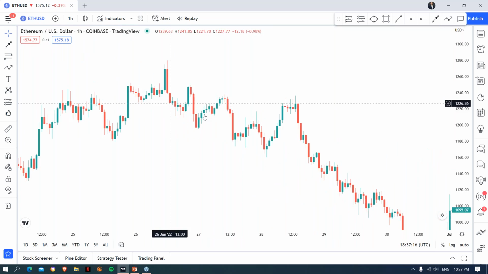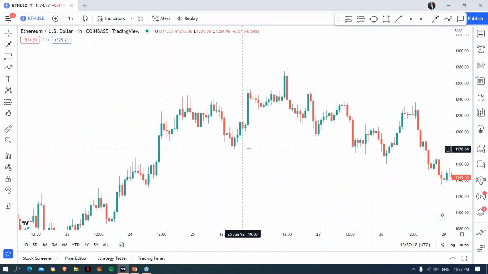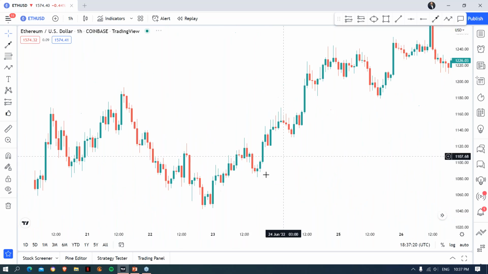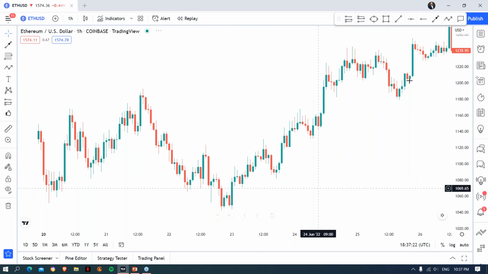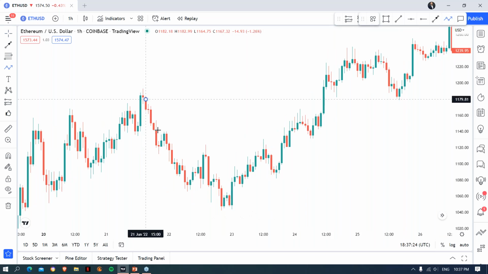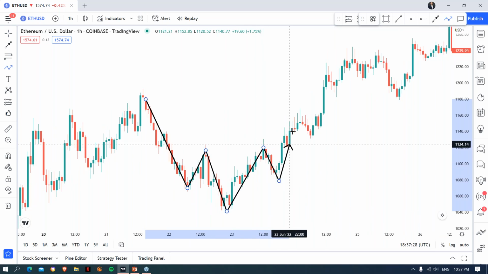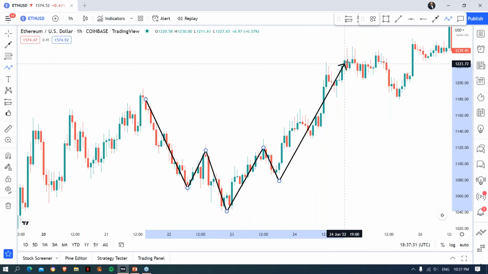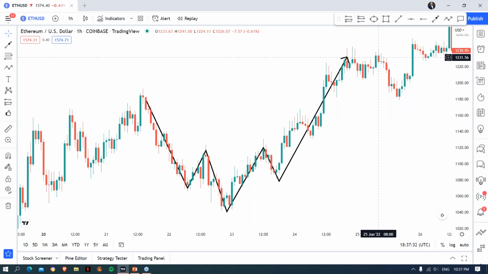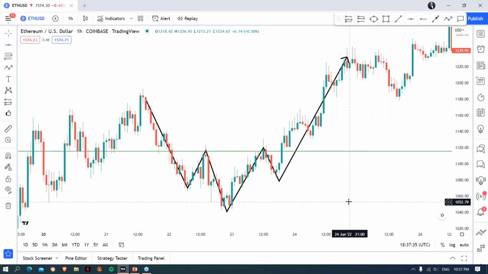Trying to find something that actually looks very clear. Oh, by the way, this is an inverted head and shoulders. Notice here, first, head, second. Look at the movement here actually. This is the neckline. This is how easy it is to actually use this pattern.